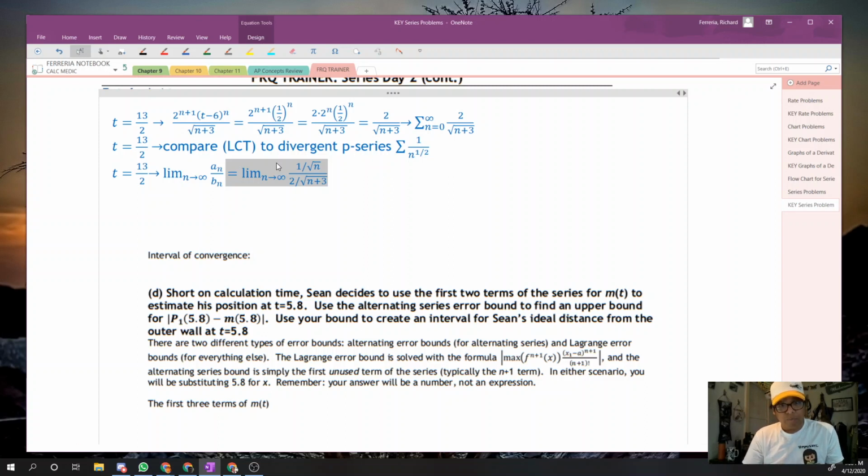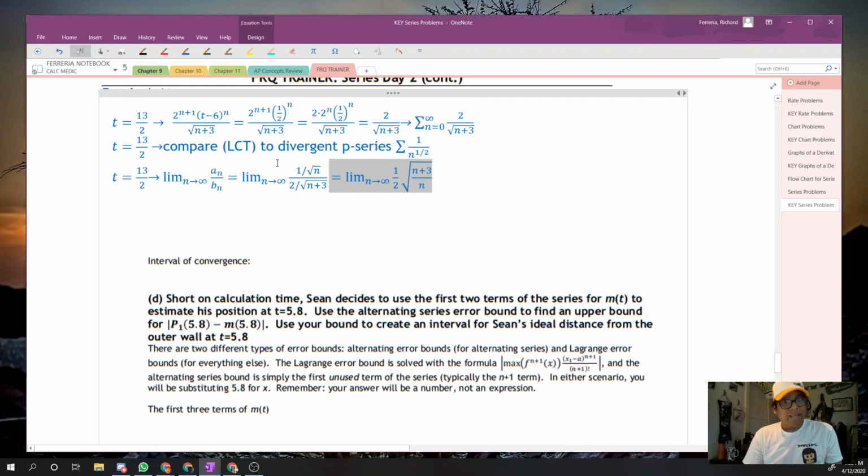A little bit of algebra, and that gives me 1/2 root n plus 3 over n. And as we saw before, if I take the limit as n approaches infinity, I just have to take the limit of n plus 3 over n, which is equal to 1. So this limit is 1/2 times 1, which is just 1/2.